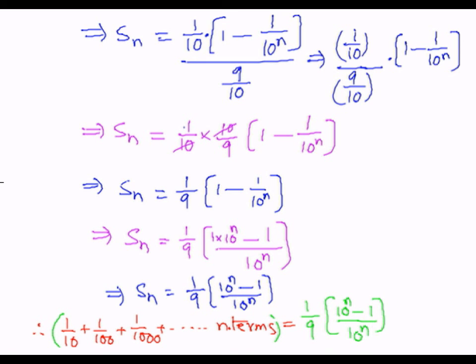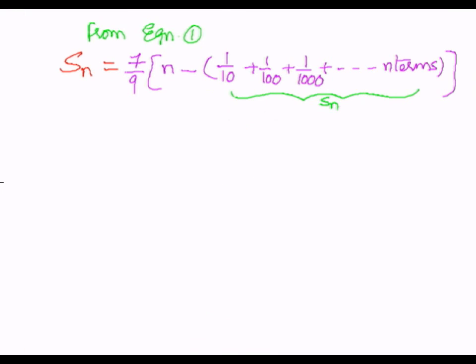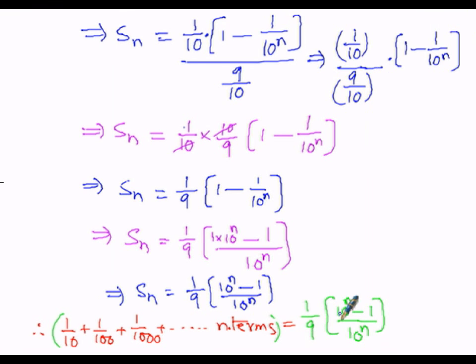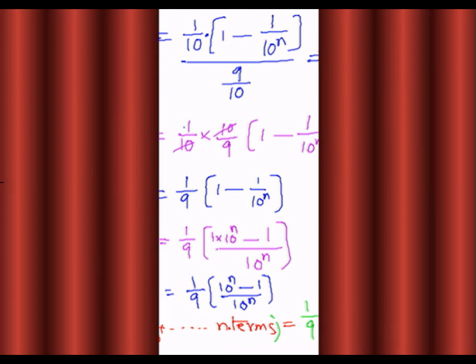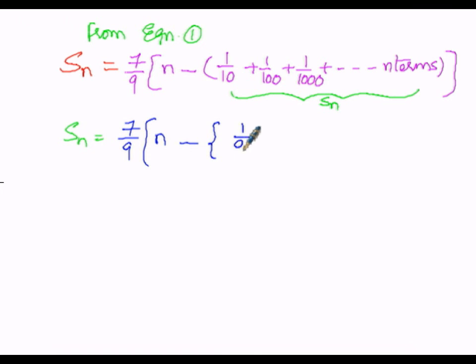Now S of n is equal to 7 by 9 bracket n minus, within the flower brackets, instead of 1 by 10 plus 1 by 100 plus 1 by 1000, I can replace it by 1 by 9 into 10 power n minus 1 overall divided by 10 power n.